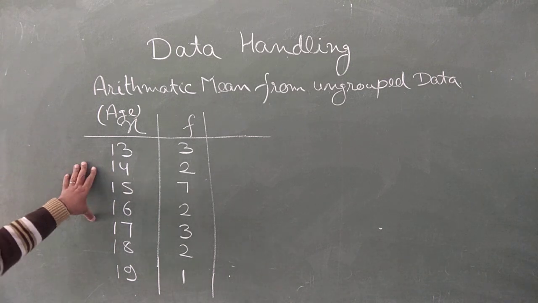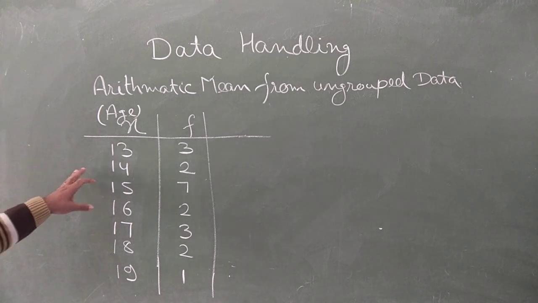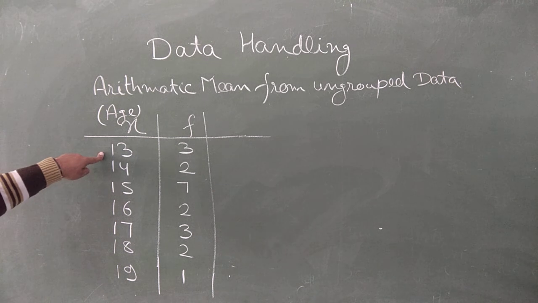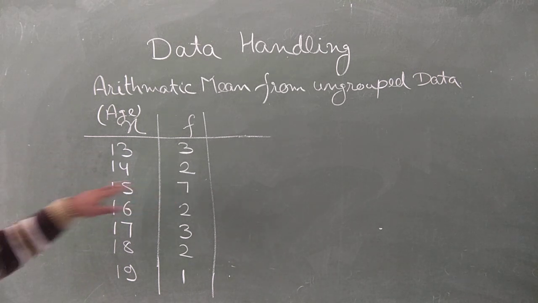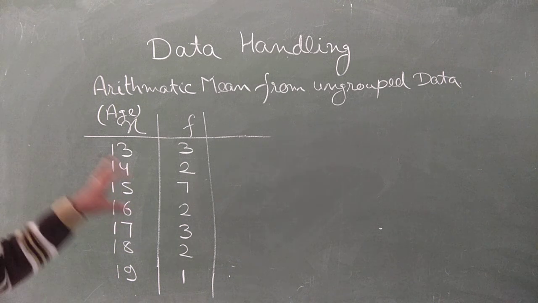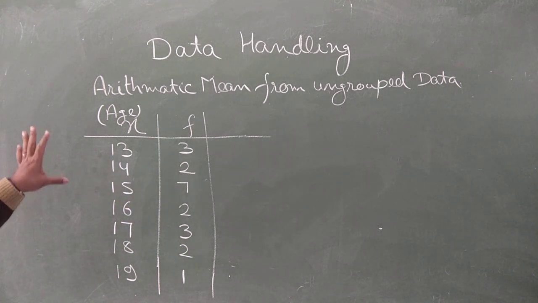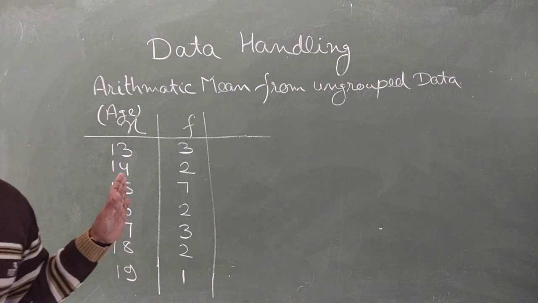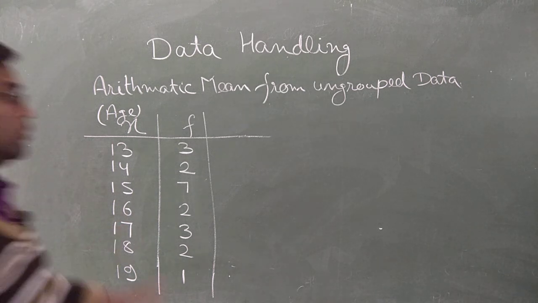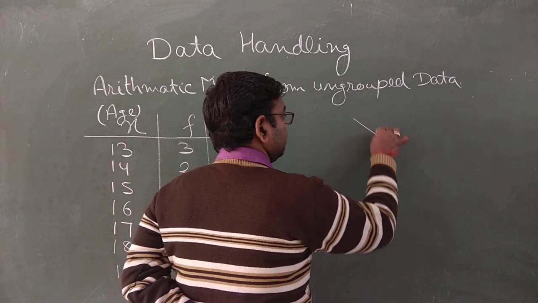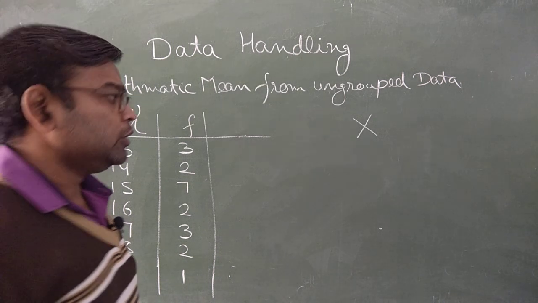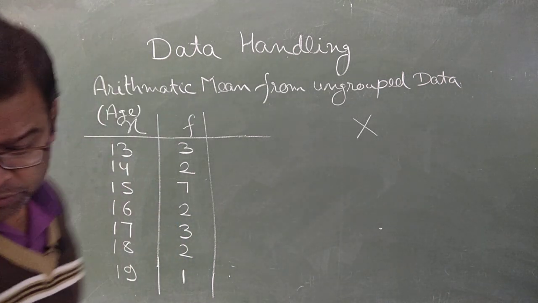In this case it is difficult to find the sum of all the data. They are 3 times 13, 7 times 15. Likewise, it is a very large calculation. So how do we find the mean from this table? For an ungrouped frequency distribution table, we use the sign capital X bar, or you can use small x also, that doesn't matter.